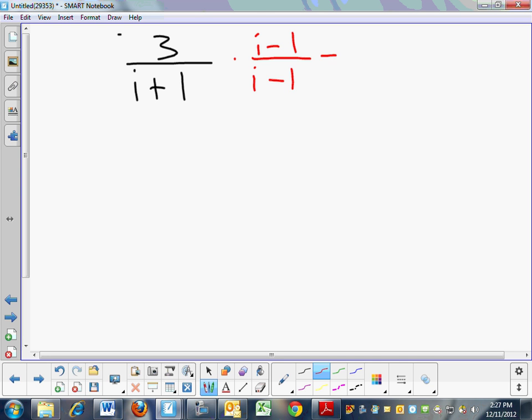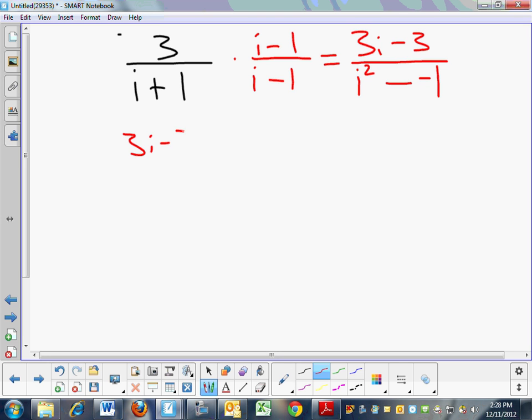So we multiply the top, and we get 3i minus 3 over, I have i squared. Do I need to do the inside and the outside? No, those cancel. So I can do i times i, and then I know I will have minus, and I do 1 times negative 1, which is negative 1.